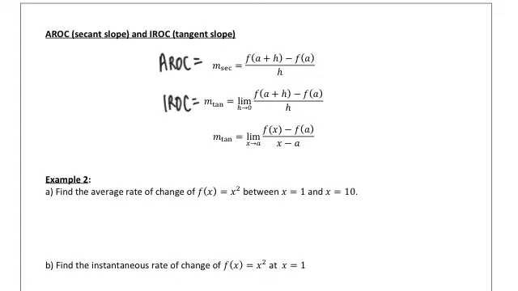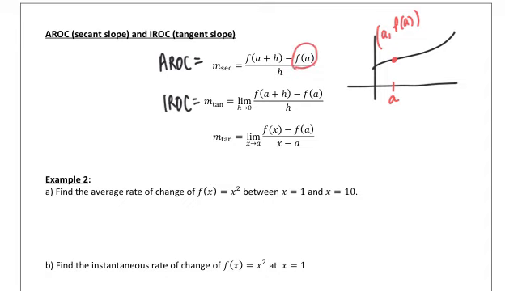So if we think about a function f, and you're at some specific point A on this function, then the point is A comma f of A. That's where we're at. And remember, f of A does not mean f times A. It means the y value at the point A. So just keep that in mind as you're looking at these equations. f of A is a y value.